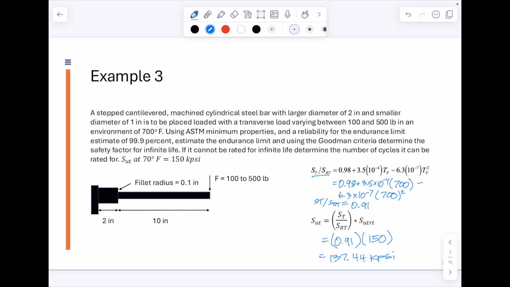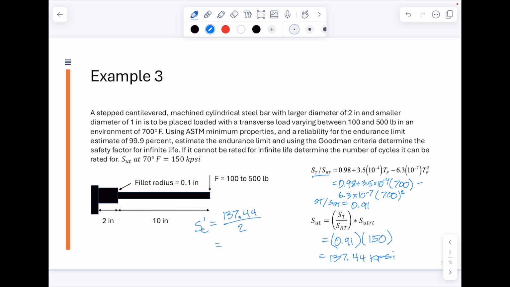The next thing we'll want to determine is our estimate for our endurance strength. So this is the Se prime. And to do that, we will just take our ultimate strength and divide it by 2. Next we will need to get an estimate for our unmodified endurance strength, and to do that, we will take this new ultimate strength, 137.44, and divide it by 2.